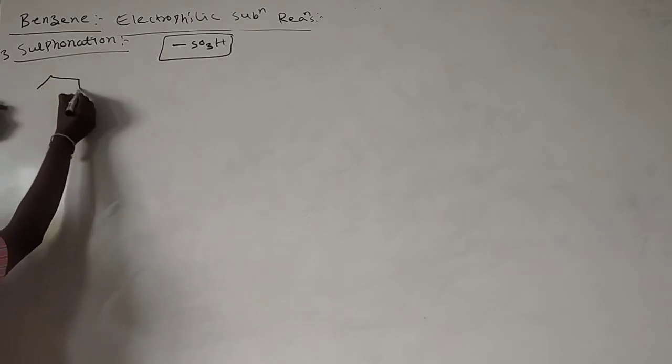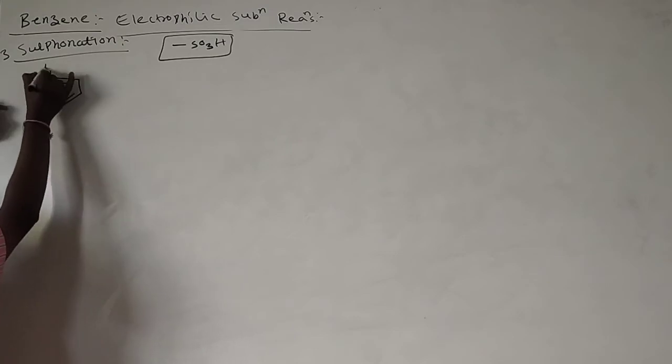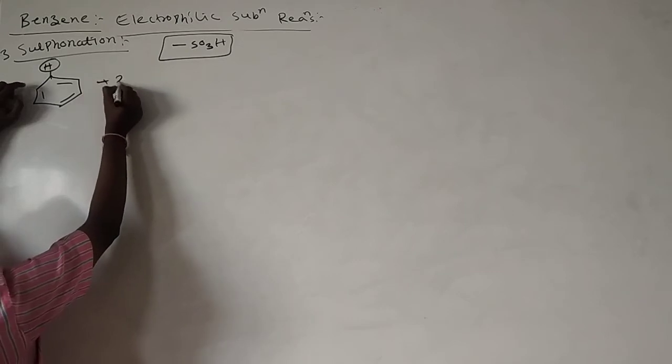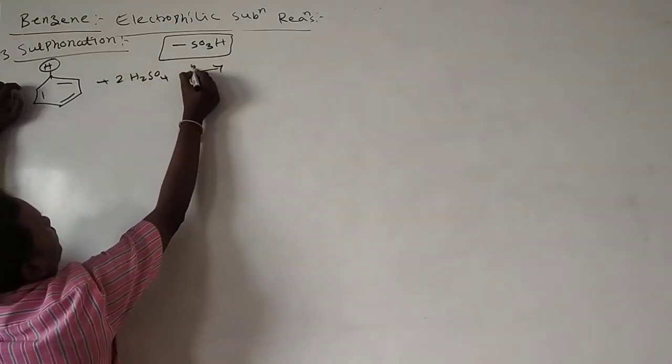Here I am taking benzene, with hydrogen. In place of this hydrogen we substitute an SO3H group, then we call it sulfonation. This reacts with 2 moles of sulfuric acid at 50 degrees centigrade.